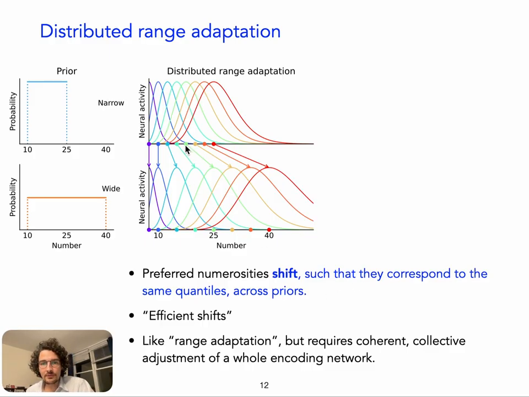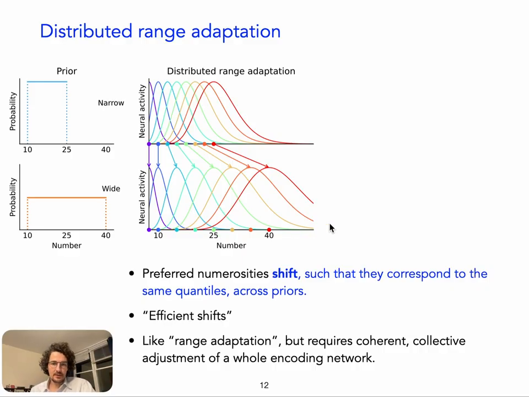And so what it means is that, for instance, the greenish receptive fields here, the greenish preferred stimulus that corresponds to roughly the midpoint of the narrow prior, will correspond in the context of the wide prior to the midpoint of the wide range.